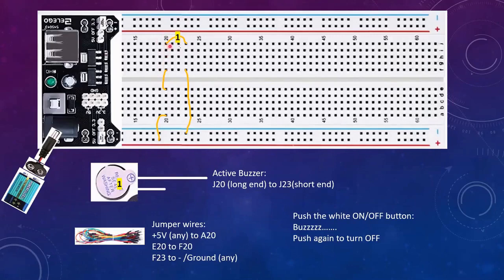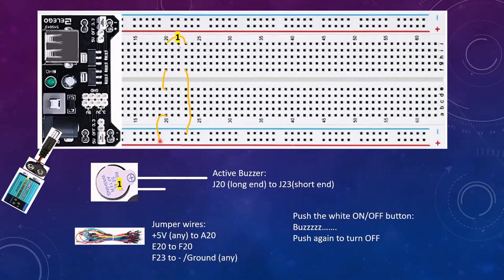And we're going to put the buzzer in the very last or the very top row from 20 to 23. And remember that the active buzzer has one long side and one short side, and the long side has to be the one facing the positive current flow.